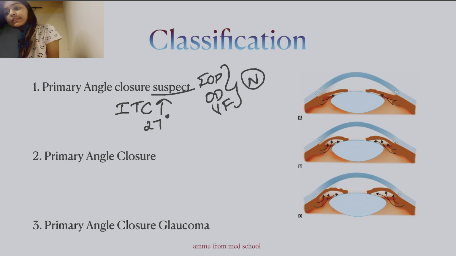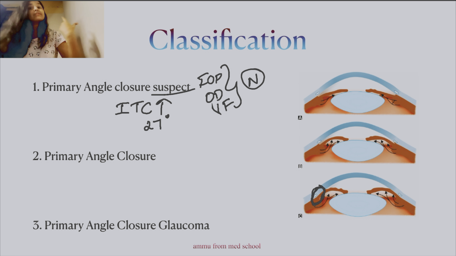can see that the iris, the cornea and the trabecular meshwork have come in contact with each other. That's what I told you is iridotrabecular contact. But when do you call it a synechiae? When two things are in contact for a long period of time, what happens? Adhesions, and these adhesions are called synechiae.